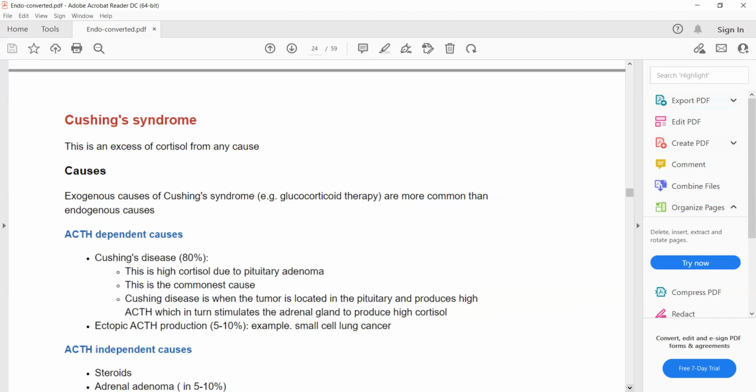We discussed before that the most common pituitary adenoma is prolactinoma. The second most common is non-functioning pituitary adenoma. The third most common is growth hormone secreting pituitary adenoma. And the fourth most common is ACTH secreting adenoma.